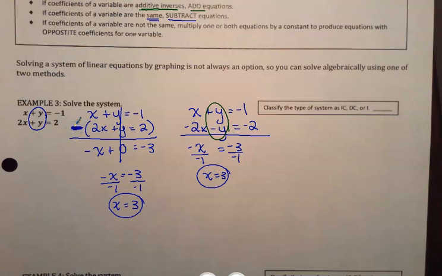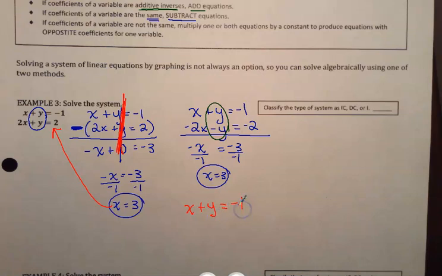But what we did was we eliminated, it's called elimination because we eliminated a variable. We eliminated the y's intentionally so we could solve for the x. Now that we have the x, we're going to plug it into one of the equations. I'm going to pick the easiest one, so I'm going to pick this x plus y equals -1.